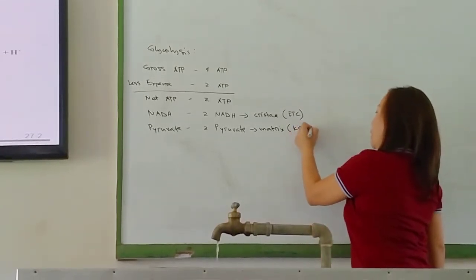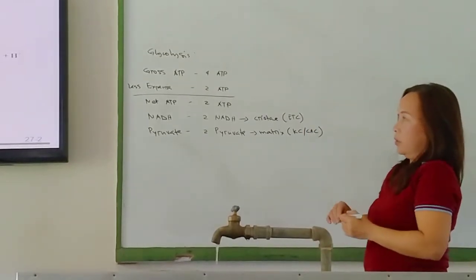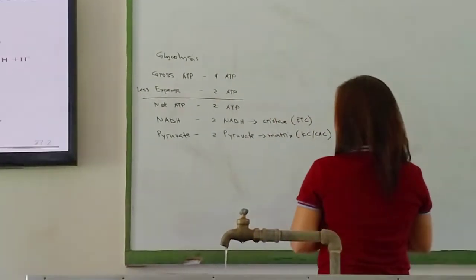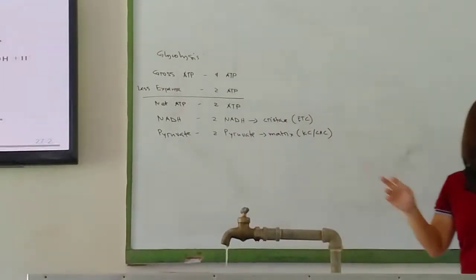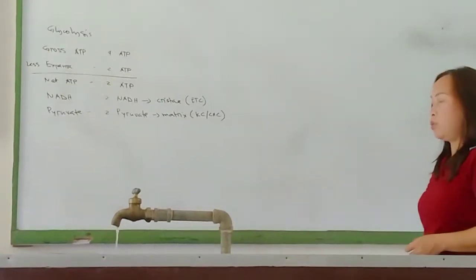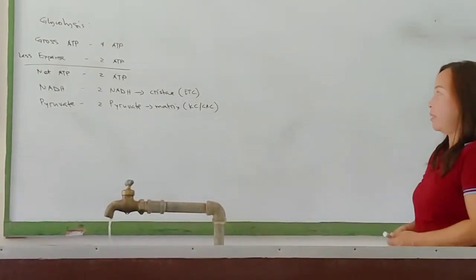Okay. Now, let's discuss how these 2 pyruvate molecules will be further broken down in the citric acid cycle.